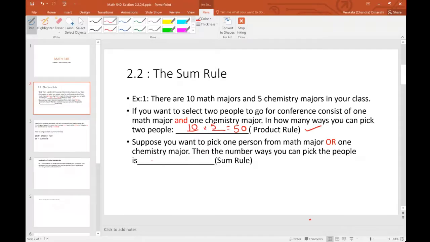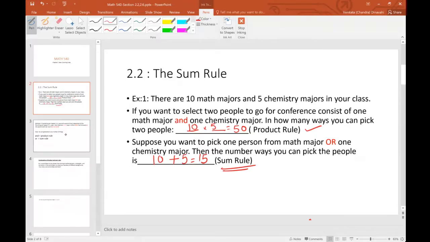How many different ways can you pick a math person? 10, or, that means plus, 5. There are only 15 different ways you can pick one math major or one chemistry major. This is the summation rule: "either or" is the summation rule, and "and" is the product rule.